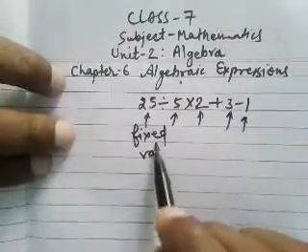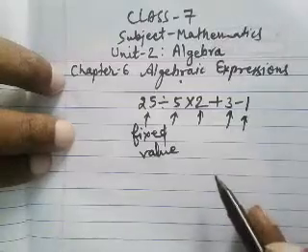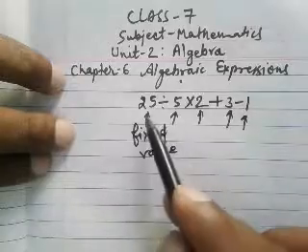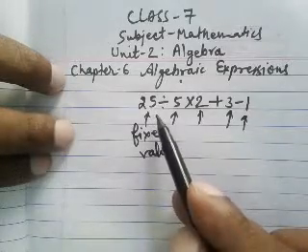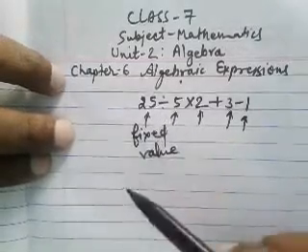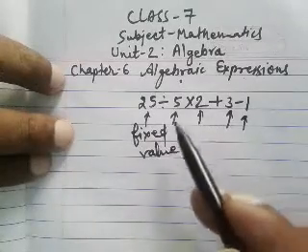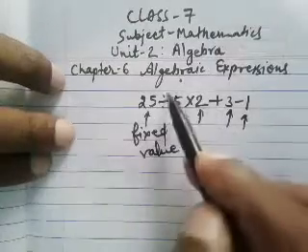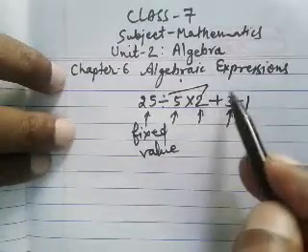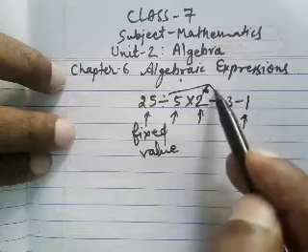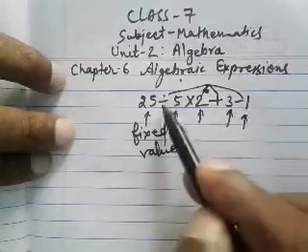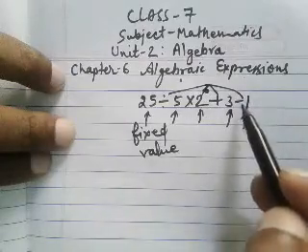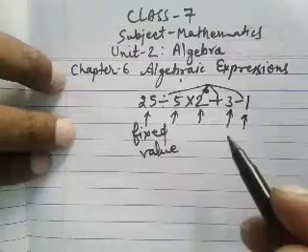Fixed value means this value is never changed in this expression. If this is 25, it will always be 25, and in between these fixed values, some signs like division, multiplication, addition, subtraction are involved in this expression.